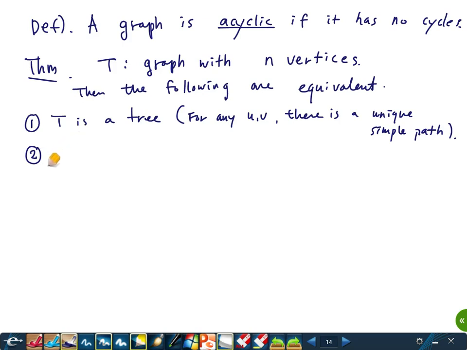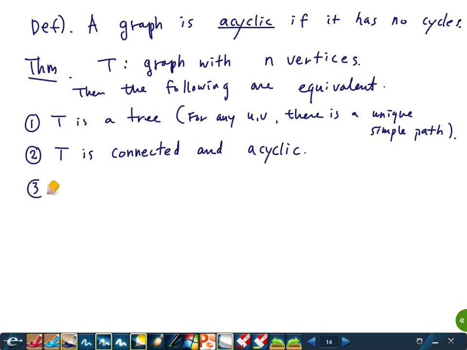The second one, this is also a very common definition. T is connected and acyclic. So a connected graph with no cycles. If a graph is connected and it has no cycles, then that's a tree. That's equivalent.